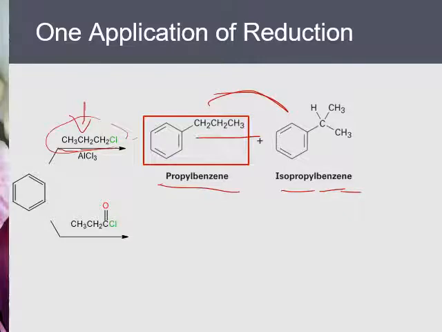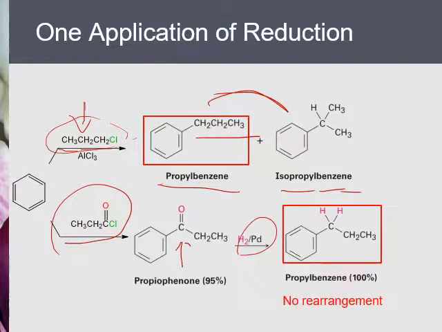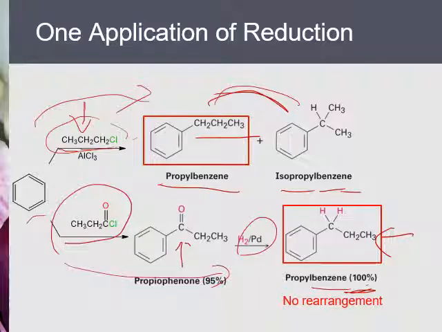But if we perform a Friedel-Crafts acylation reaction, we get a compound with a benzylic carbonyl, and then we perform hydrogenation or reduction, and we also get propylbenzene. So if propylbenzene is our desired product, this second method gives you 100%, with no other side reactions. On the other hand, if you use the first method, the Friedel-Crafts alkylation reaction, we get a mixture. Only part of the reactants becomes the desired product.